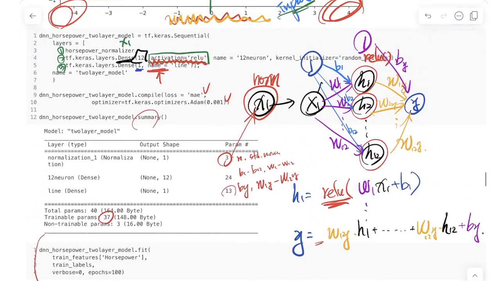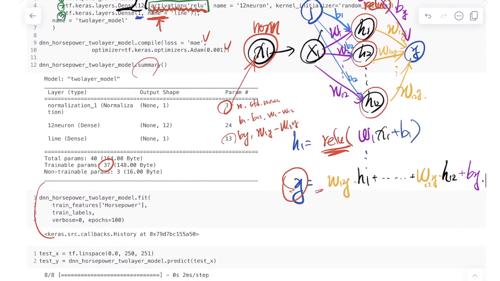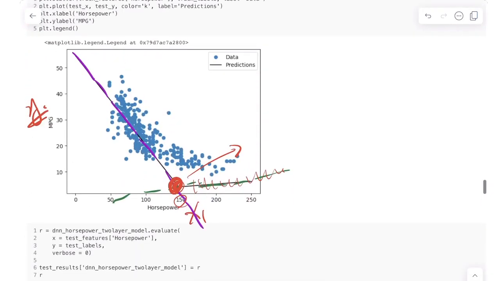You can see that y combines 13 different values from the previous neuron. So after 150, the y will be the sum of some neurons at the previous value.